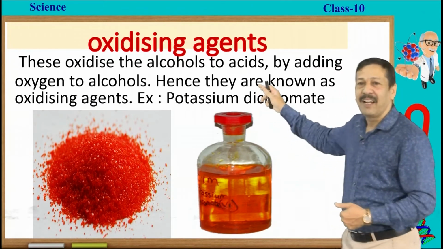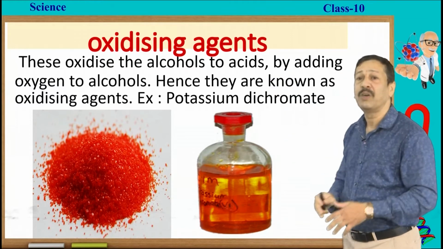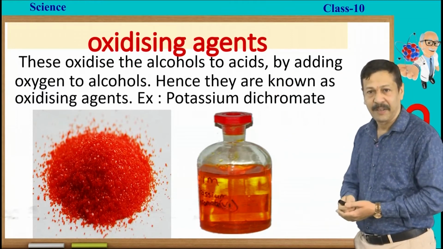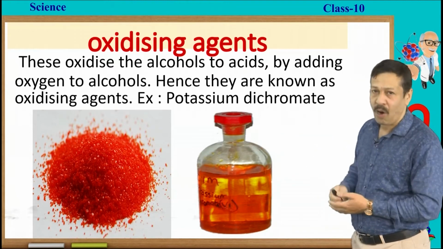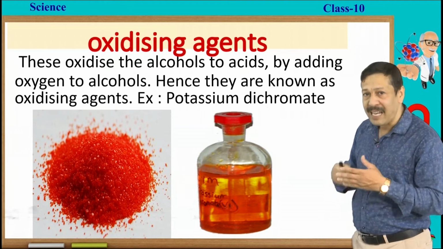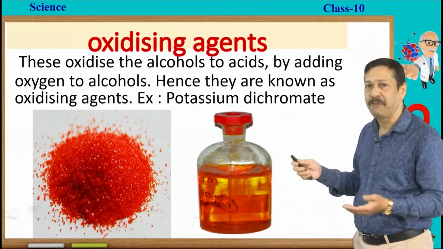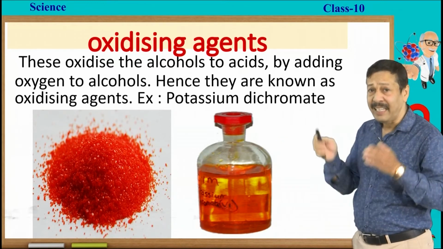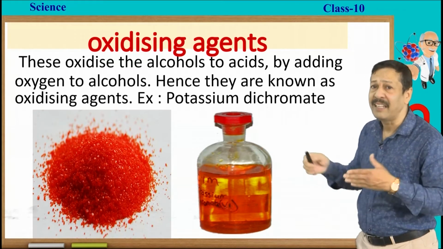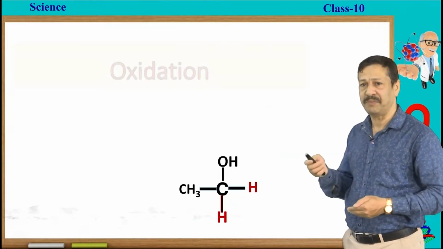Now these compounds convert alcohols into carboxylic acids. When you add KMnO4 or acidified potassium dichromate to the alcohol and heat, it is converted into carboxylic acid. Here you are adding oxygen, hence it is an example of an oxidation reaction.